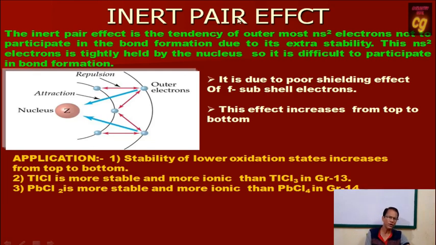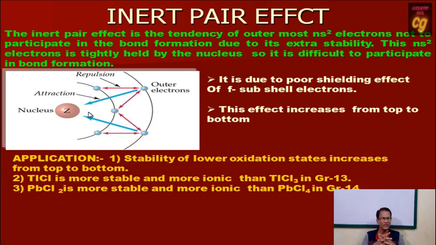This inert pair effect is observed when the atom has f electrons, meaning an f subshell containing electrons. In between the outermost electron and the nucleus, if f subshell electrons are available, then the f subshell has a low screening effect.